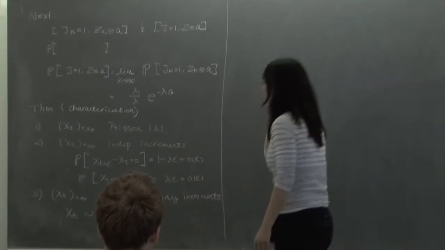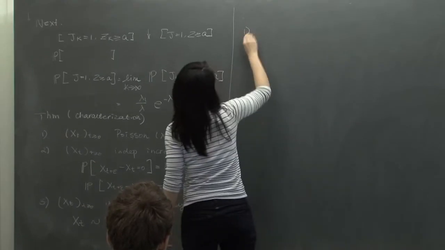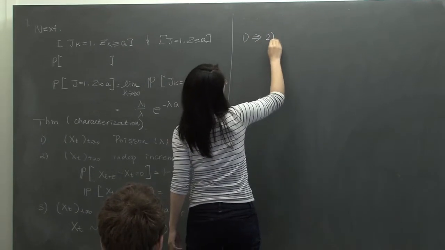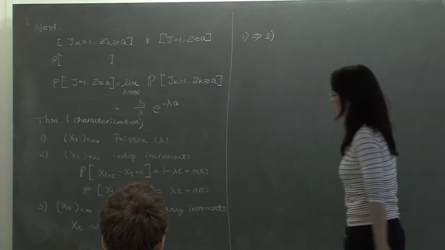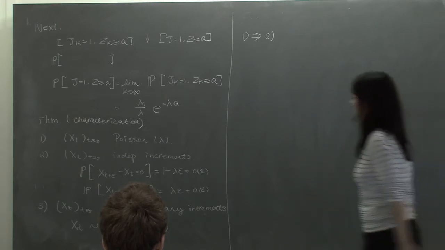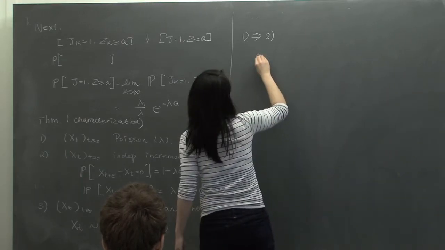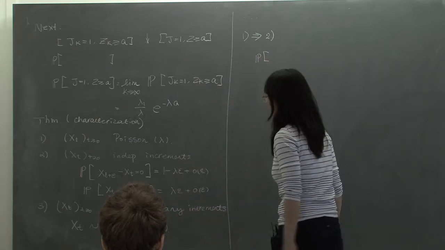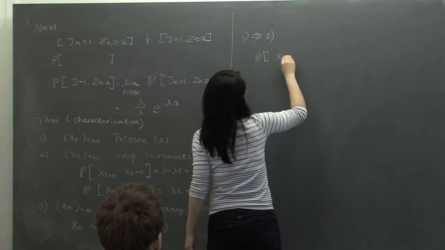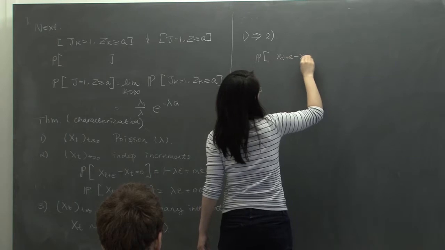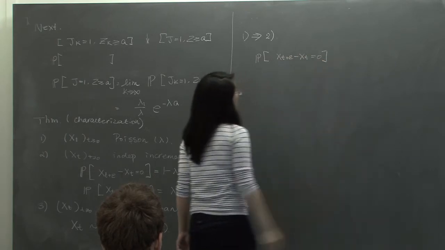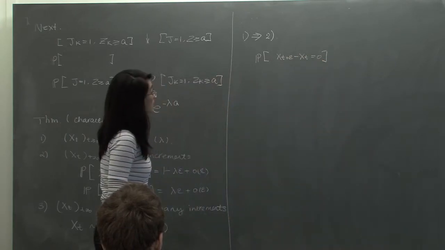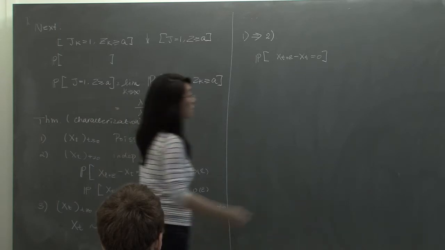Okay, so these three statements are equivalent. First, from 1 to 2, this is just immediate from the definition. If Xt is a Poisson process, then X(t plus epsilon) minus Xt equals 0 means that the counting process between t and t plus epsilon equals 0.